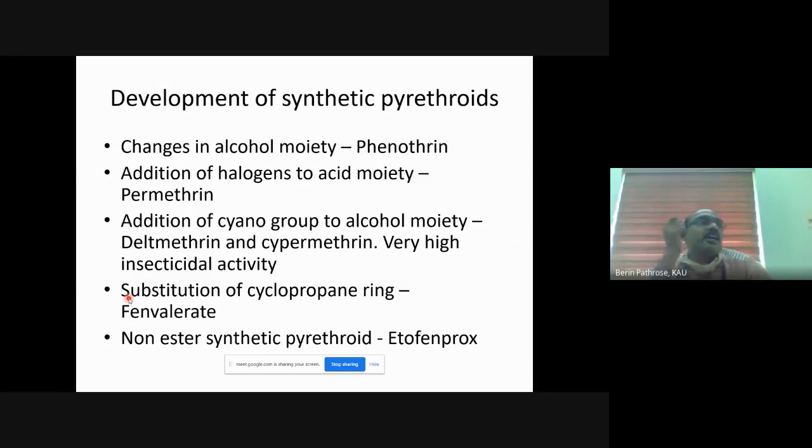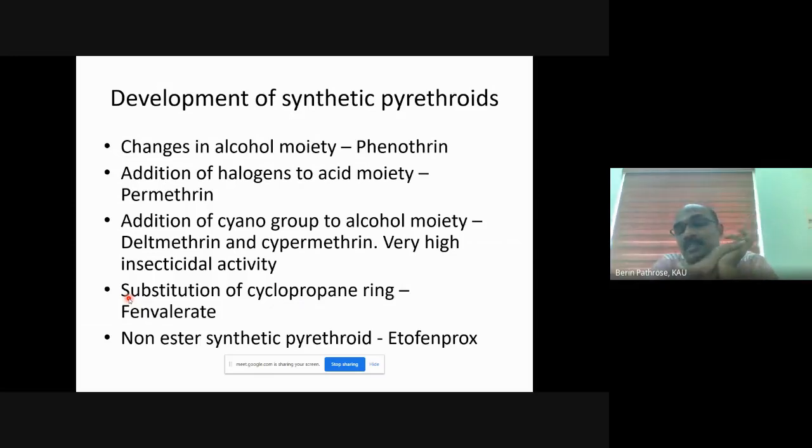I don't know whether I have shared the paper of a scientist from the Rothamsted research station in the UK. His name is BPS Khambay, Bhupinder Khambay. He is an Indian, Punjabi by origin, working in Rothamsted.